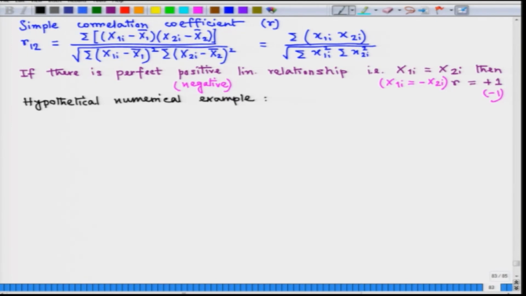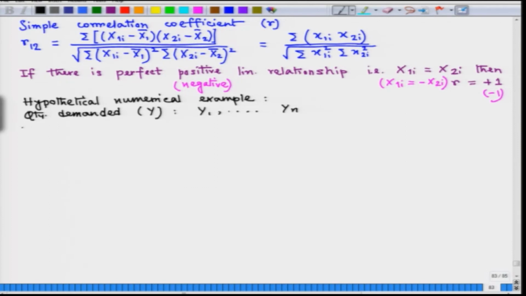Okay. So, suppose an econometrician or an applied economist is given data on quantity demanded of a commodity, and let me denote this by y, that is going to be my dependent variable, and I observe n number of data points. Okay.